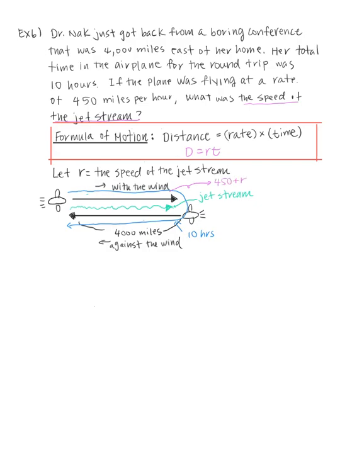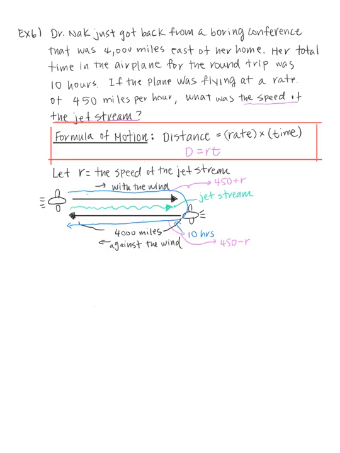And when the plane flies against the wind, resistance will slow down the airplane. So now, what is going to be the rate of the plane when we fly against the wind? Isn't that nothing but 450 minus r? So I'm going to write that out. So this side we're going to have 450 minus r. So this was just a picture so that I can understand what is going on.